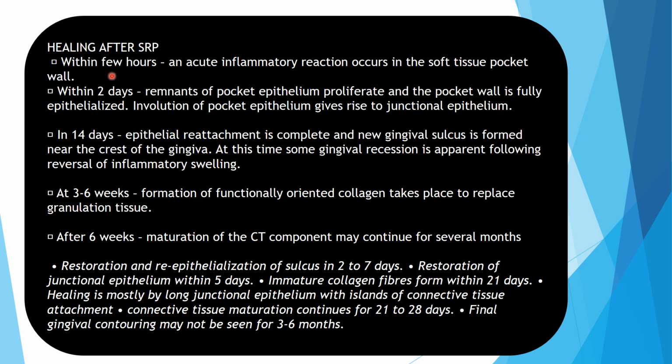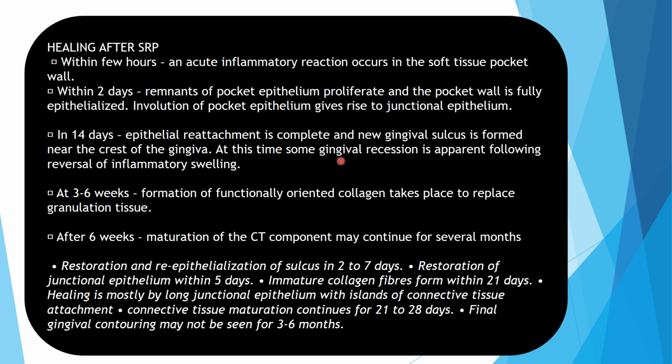Within a few hours, an acute inflammatory reaction occurs in the soft tissue pocket wall. And within 2 days, you can see that the remnants of pocket epithelium proliferate and the pocket wall will be fully epithelialized. This involution of pocket epithelium will give rise to junctional epithelium. In 14 days, this epithelial reattachment is complete and a new gingival sulcus will be formed.